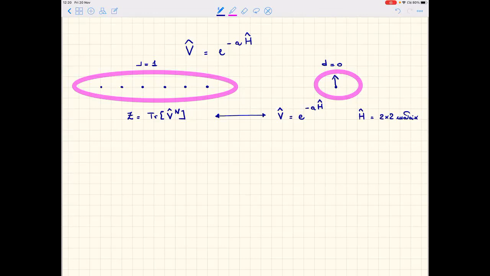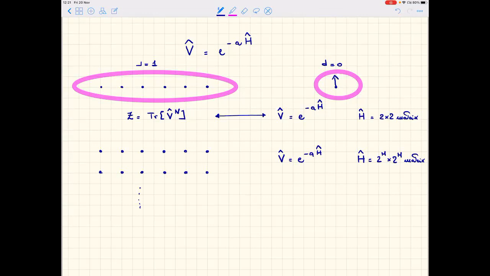Yeah. Now, why is this idea interesting and important? Because if you take it in 2 dimensions, so you take a 2-dimensional Ising model on the square lattice, then you have that V equal to e to the minus a times h, right? So for the 2-dimensional case, h now is not a 2 by 2 matrix, but is actually a 2 to the m times 2 to the m matrix, according to what I told you before.